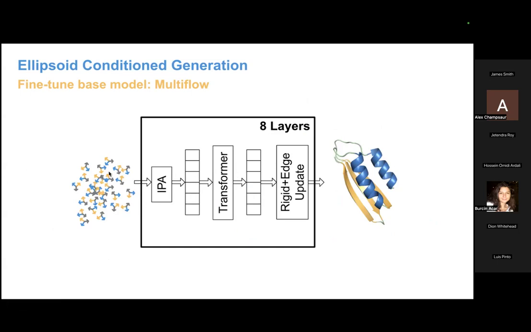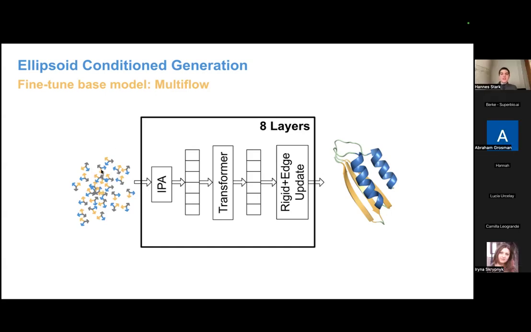Right here, we just have the MultiFlow model, which takes these frames of protein residues as input, and then gives you an update of these protein frame residues, or it predicts the clean protein, and then with that, you perform an update of your noisy structure during generation with a flow model.